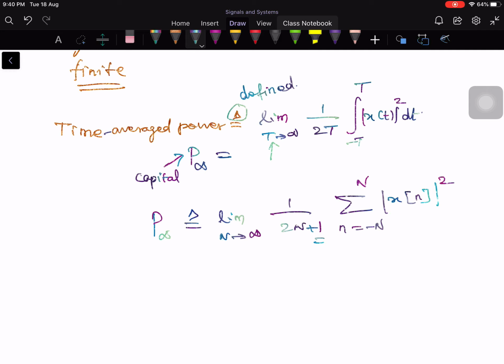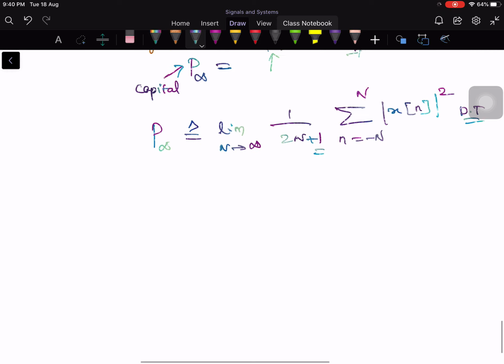So this is the time averaged power over an infinite time interval. This one is for the continuous time case, and this formula is for the discrete time case. So with these definitions we can identify three important classes of signals.